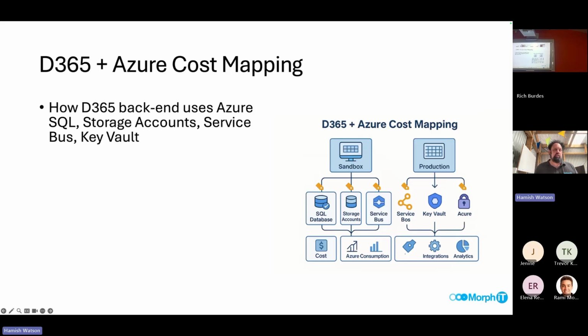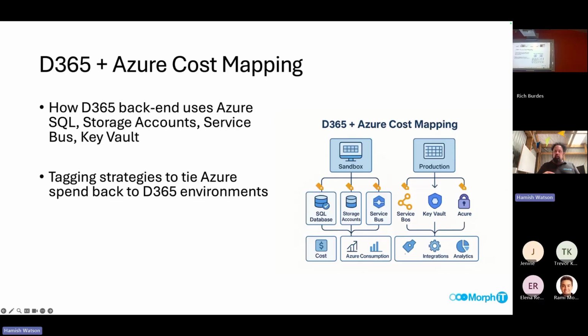I think about Azure consumption for D365 around logic apps, what we might be doing with Azure SQL for staging. We might be using Azure Data Factory. Of course, if we're doing API stuff, we should be having some form of API management. And all of these things, we've got to use FinOps so that we can align our business app teams with the Azure teams, so those costs aren't siloed.